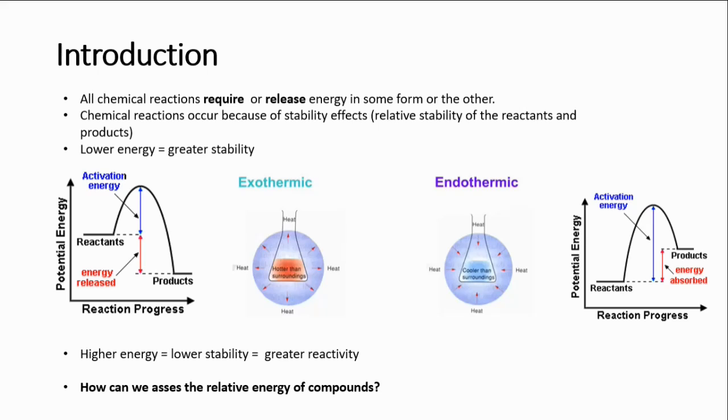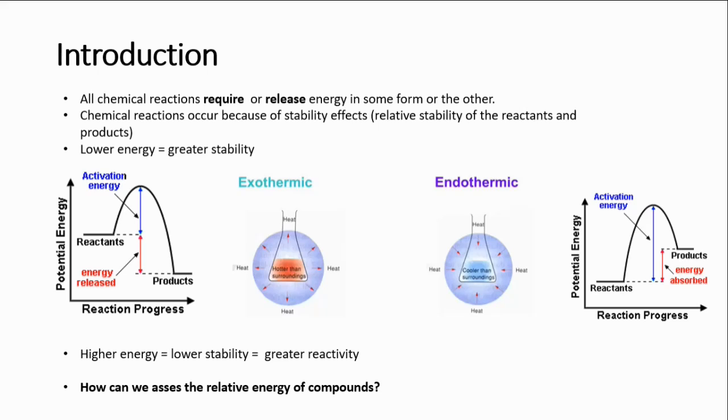Now, chemical reactions occur because of stability reasons. So if you have two reactants coming together to give you a product, this is generally because of stability reasons. That is, the two reactants might be a bit unstable, and so when they come together, the idea is that they would give a product which is more stable, lower in energy.